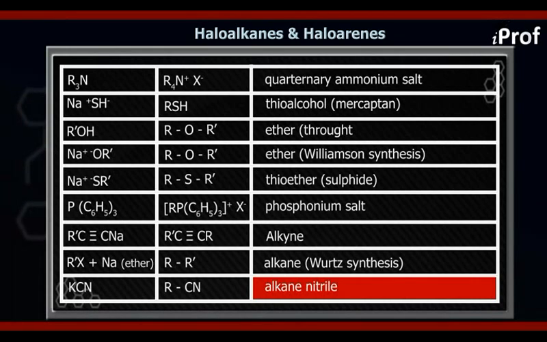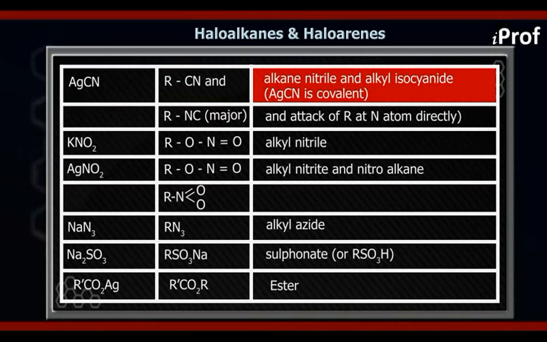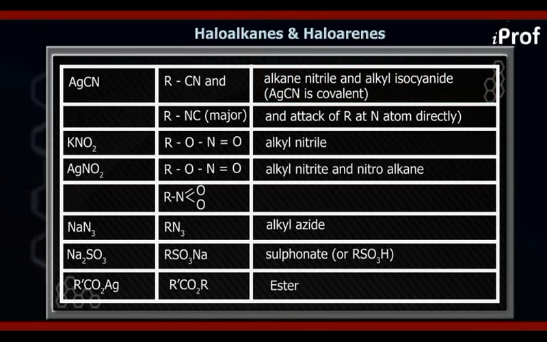Product formed is RCN. The next source of nucleophile we have is AgCN, that is silver cyanide. Nucleophile in this case is the lone pair on the nitrogen atom. So the product formed is RNC, which are known as alkyl isocyanides. Similarly, we have another source of nucleophile as KNO2, that is potassium nitrite.